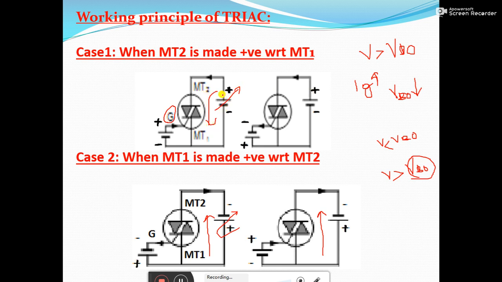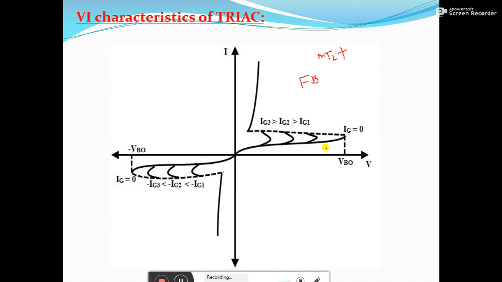So here the voltage as well as the current flow both are treated as positive. That's why this is drawn in the first quadrant. And here you can see this is without applying any gate voltage, that is Ig equal to 0. The breakover is achieved at this stage. Till here, it is nothing but the forward blocking region.